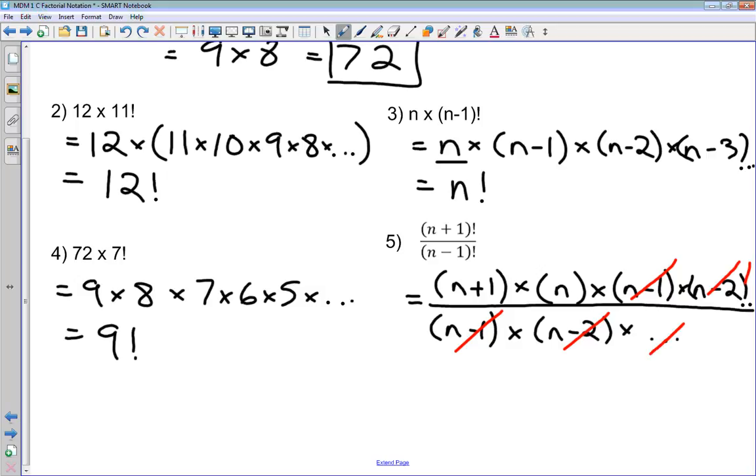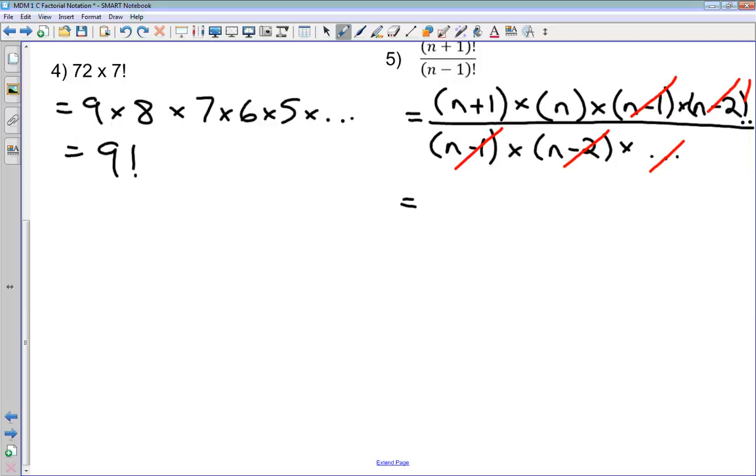So we're going to be left with just the n plus 1 and the n in our numerator. And that sort of thing we can just expand to n squared plus n, using our good old-fashioned distributive property, multiplying each of those terms by n.